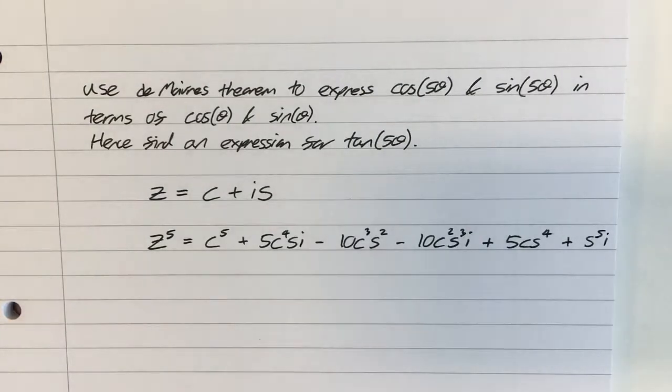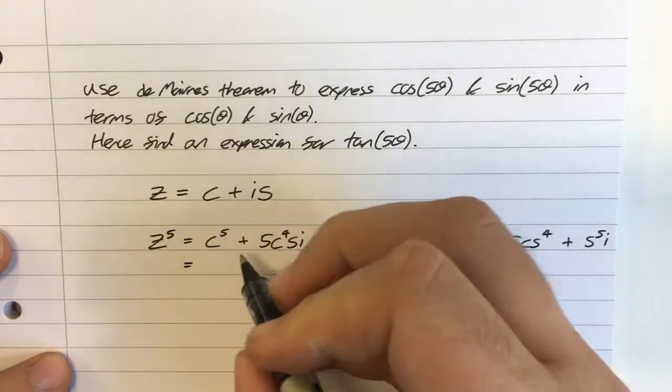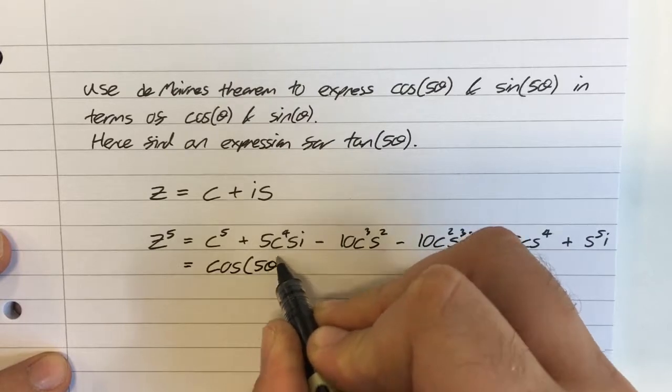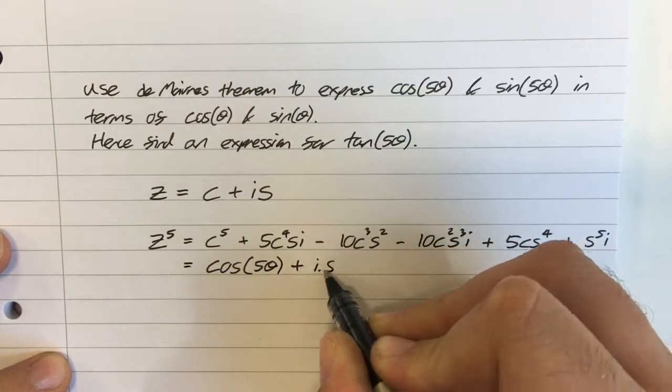It's using the binomial expansion and simplifying i squared to minus 1 where I can. Using de Moivre's theorem, this is completely identical to cos of 5 theta plus i times sine of 5 theta.